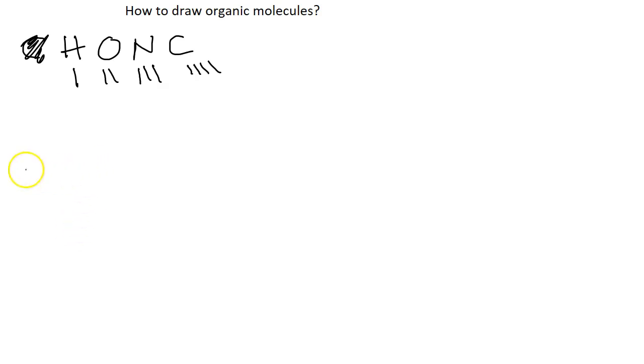That means that if you have something like, I don't know, C2H6, you have 2 carbons, and because carbon can form 4 covalent bonds, 4 lines, the carbons will be in the middle, and the 6 hydrogens will surround these 2 carbons like so.